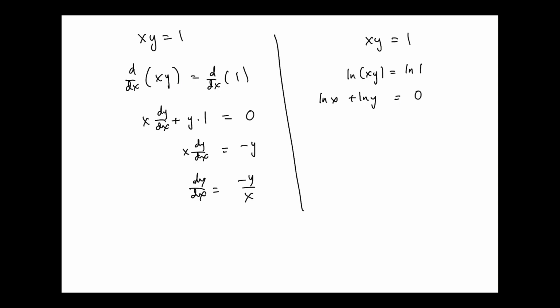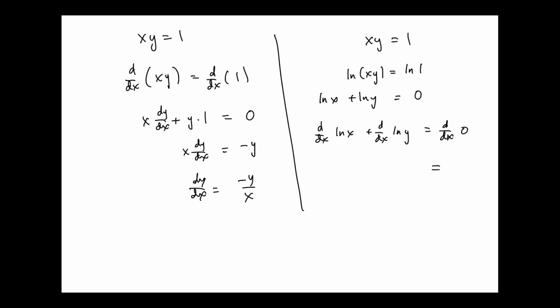So how does that help us? I wanted to take the derivative of this thing, so let's take the derivative of both sides of this equation. Just take the derivative of each piece.